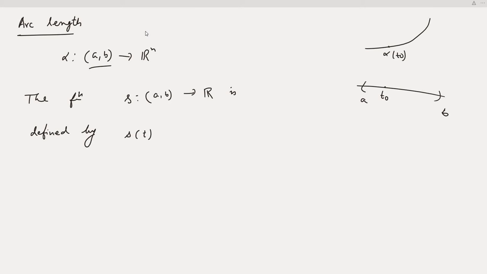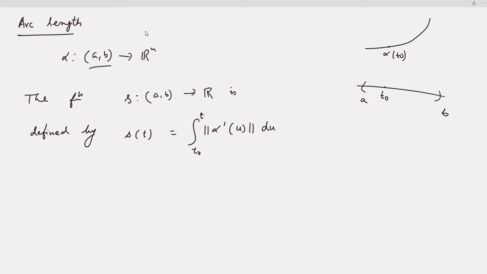It is defined by s of t equal to the integral from t naught to t of the norm of alpha prime of u with respect to du.